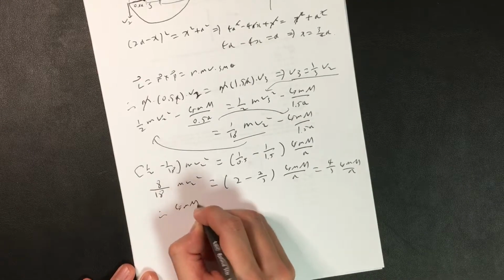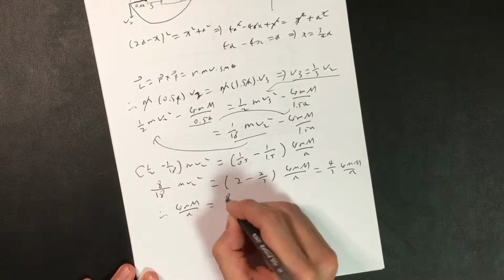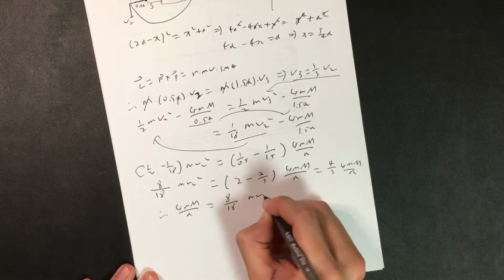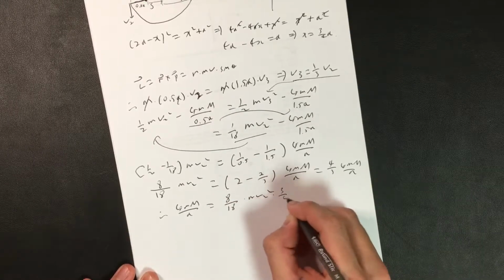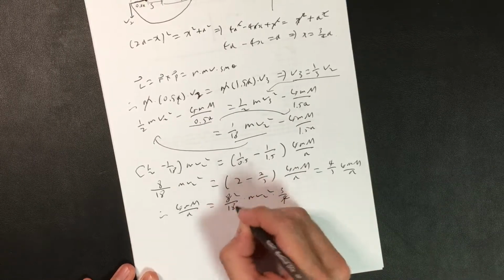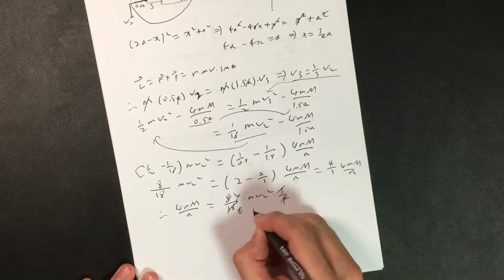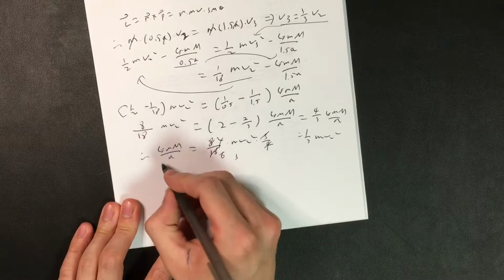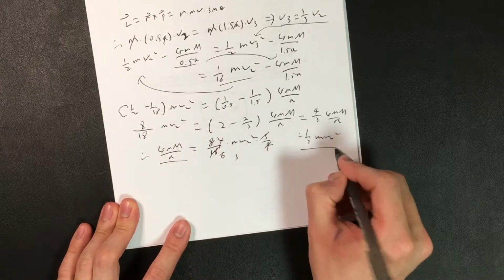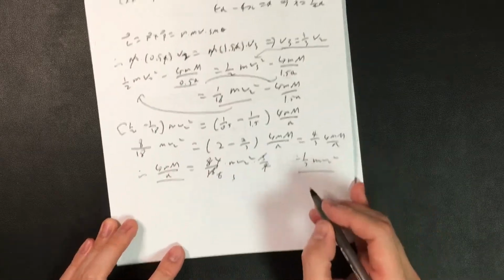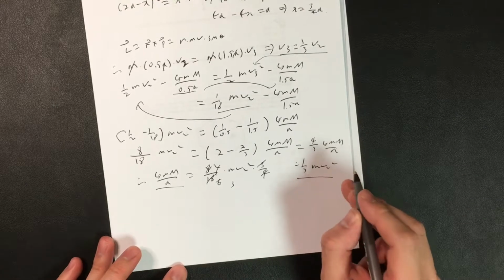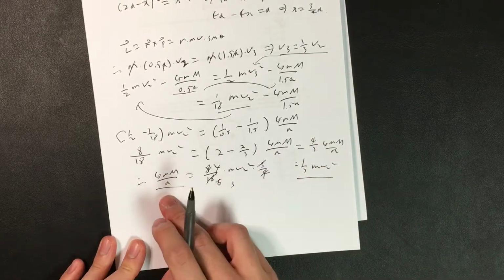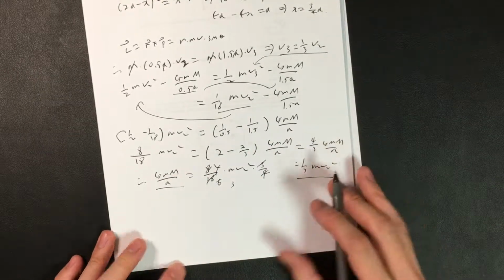Therefore, GM over a equals 18/8 times mv2 squared times 3/4, which becomes 1/3 mv2 squared. Now from here, since I got GM over a as a function of m and v2 squared, I can express potential energies as a function of v2.